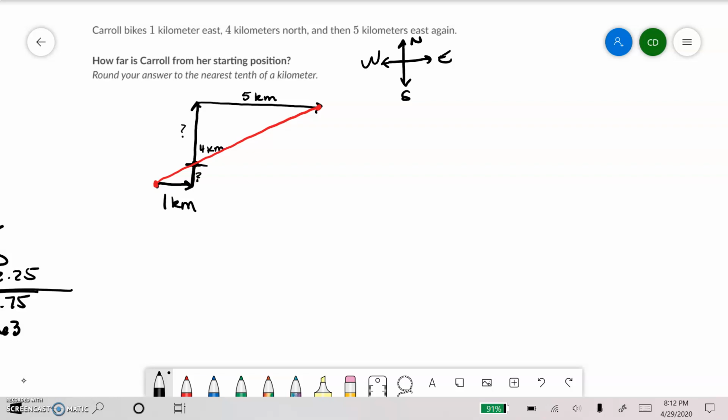I don't know that. So how else could I arrange this picture so that I have all of the information that I need?